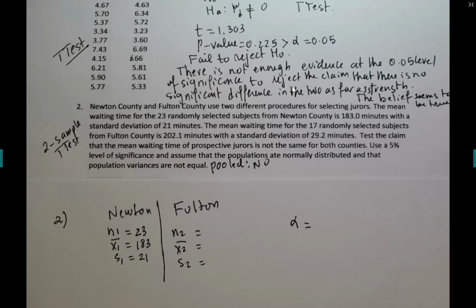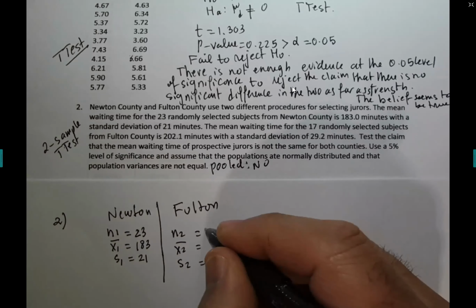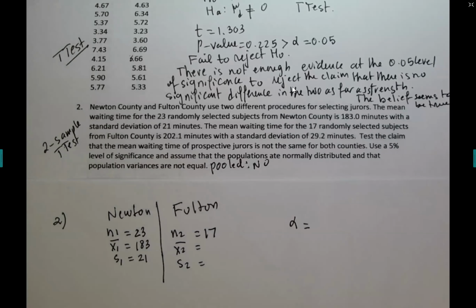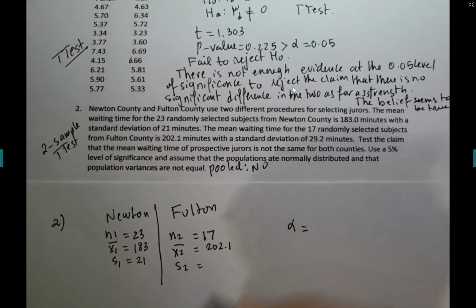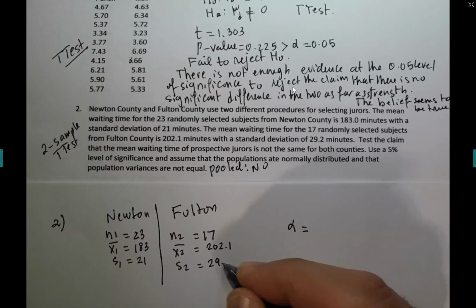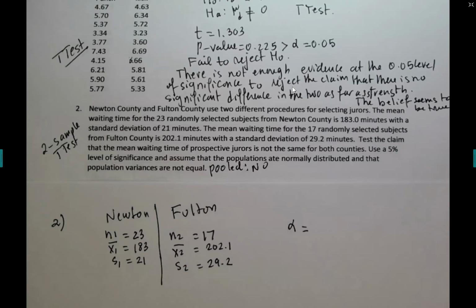The mean waiting time for the 17 randomly selected subjects from Fulton, N2 is 17, it's 202.1 minutes, and with a standard deviation of 29.2. Test the claim that the mean wait time of prospective jurors is not the same for both counties.